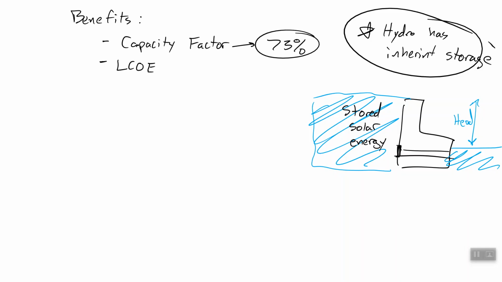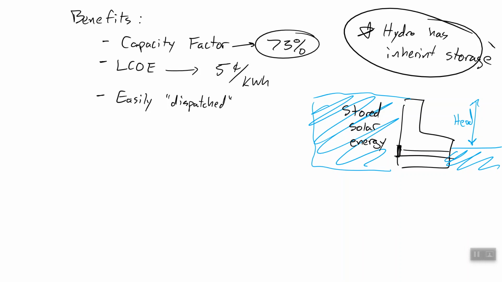Okay, so our levelized cost of electricity for hydro is, oh man, sorry, I will fix that next time. 5 cents per kilowatt hour. Really good. Still beating solar and wind, but just barely. Okay, and like we just talked about, it is easily dispatched.